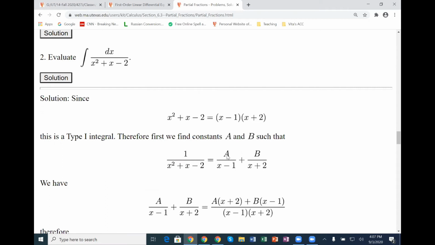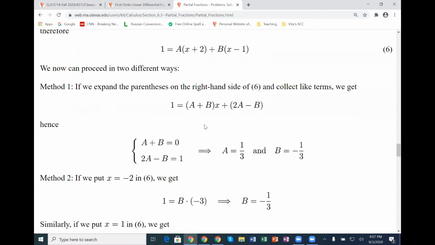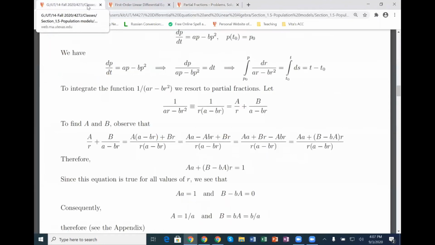And then in order to find capital A and capital B, we rewrite this as this. And now 1 is supposed to be equal to capital A times x plus 2 plus capital B times x minus 1. And then there are two ways to come up with A and B. In our case, A is 1/3, B is negative 1/3. Was that your question? Yes, thank you. Okay, now let us continue.